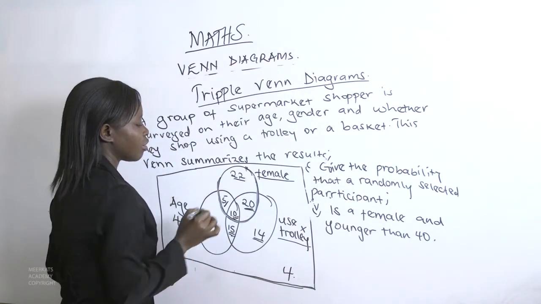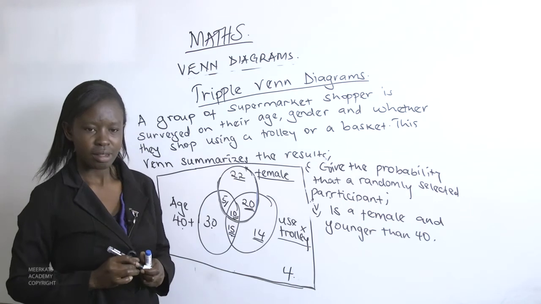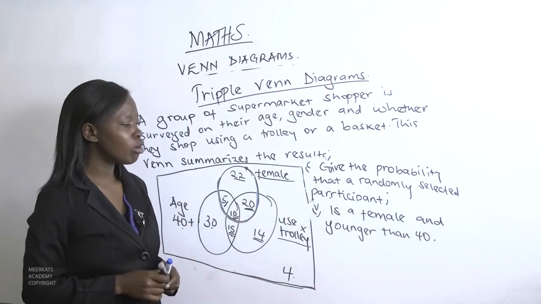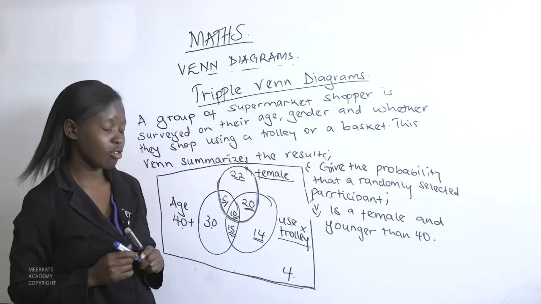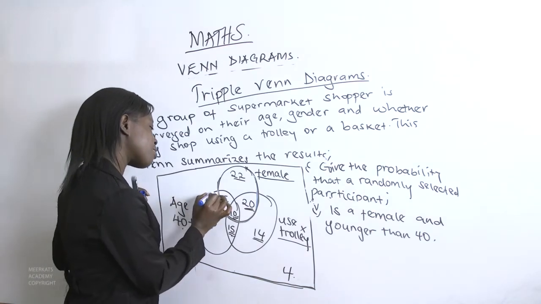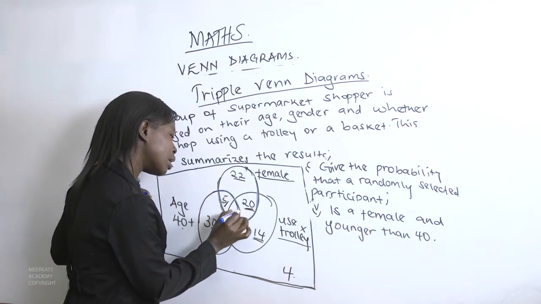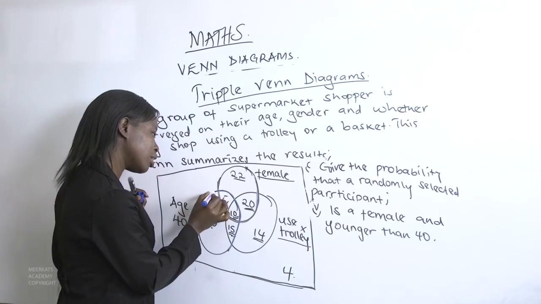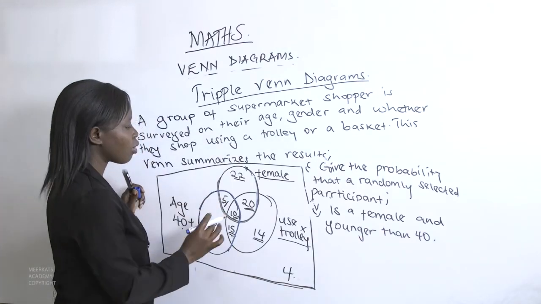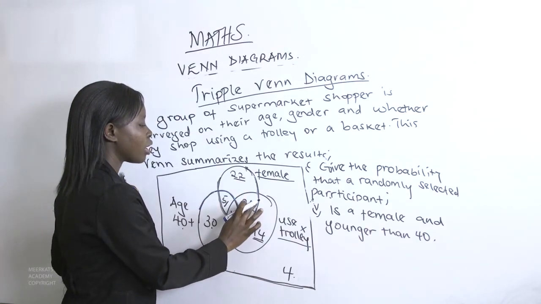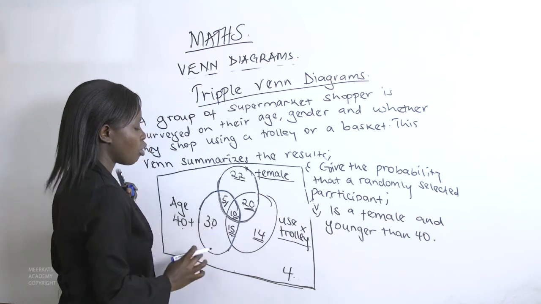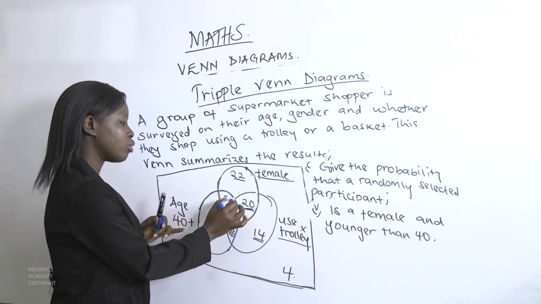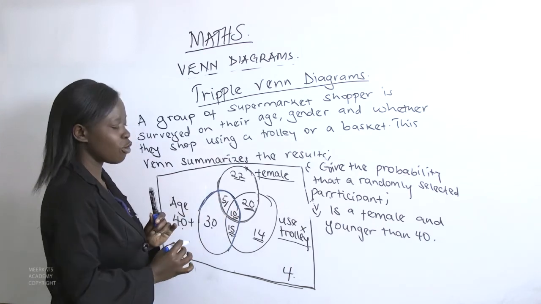We are looking at a female, but this female should be below 40 years. So the circle that has people who are 40 years and above, I'm counting it out.